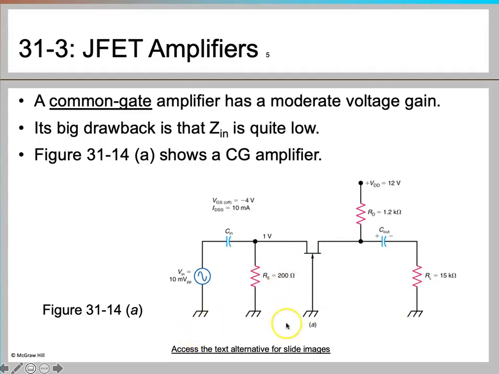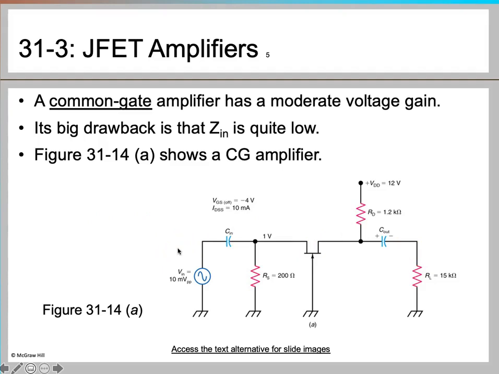So let's see the circuit over here. We have common gate. This is your JFET and this is the gate terminal, which is common to the source and the drain. The input is going through the source side, and the output you take through the drain side. This RL is your load resistance, and you're taking the output from the load side. Cin and Cout are your coupling capacitors.